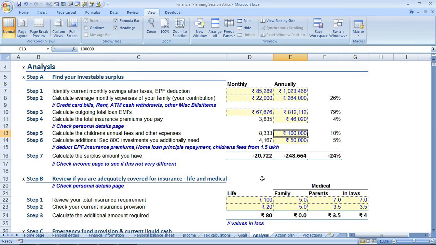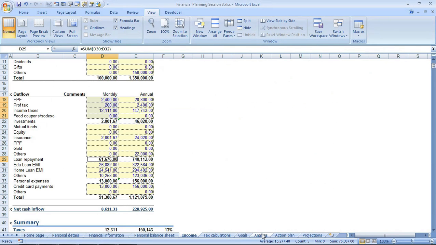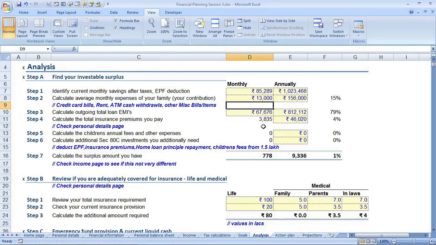Children annual fees and other expenses, 0. Currently we are not looking at ATC investments, we are just putting it on hold. We'll decide on later. Okay, this is 61,676.